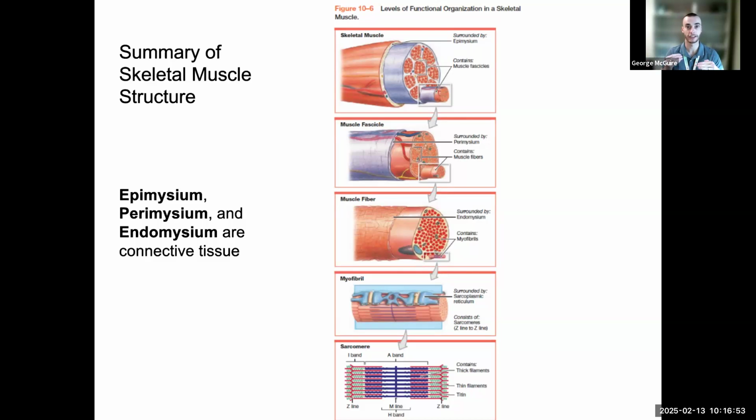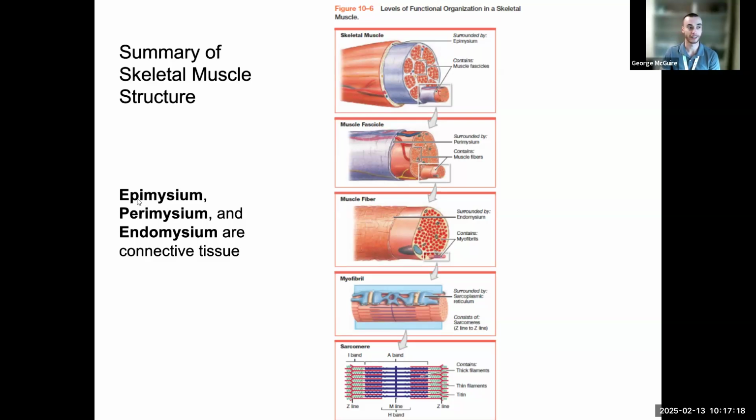Multiple muscle cells with their own endomysium are packaged up into these bundles called fascicles. Each fascicle has its own layer of connective tissue surrounding it called perimysium. And then multiple fascicles are bundled up together into one full muscle, one organ. And that muscle is defined by the epimysium that surrounds it, another layer of connective tissue.